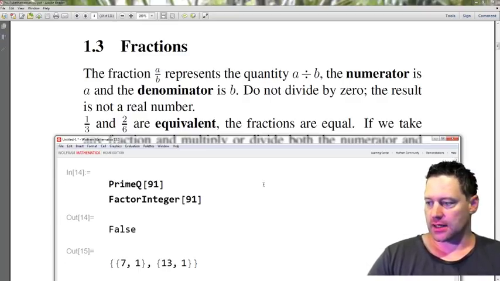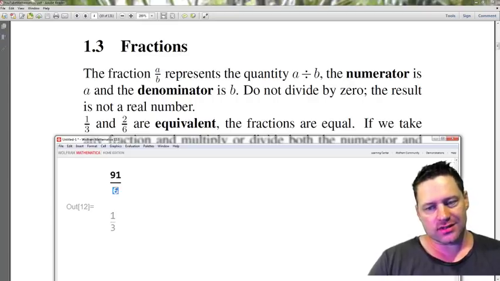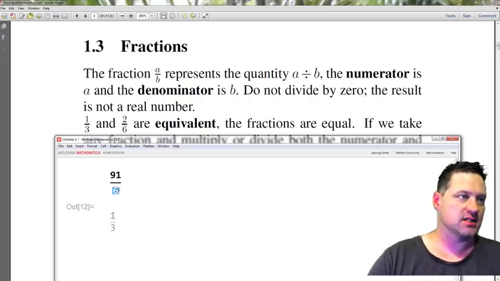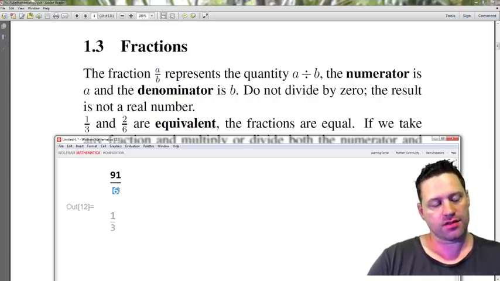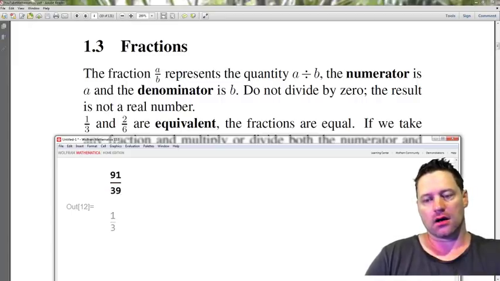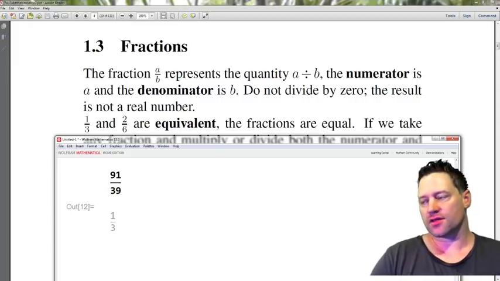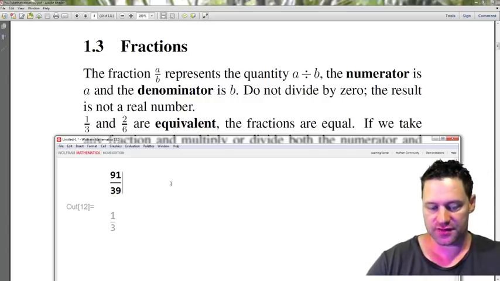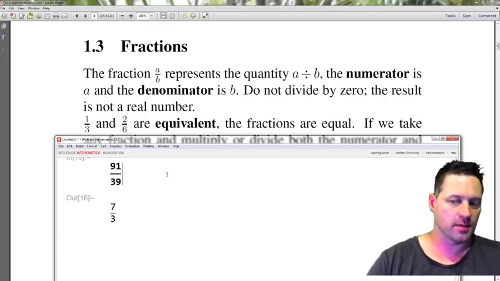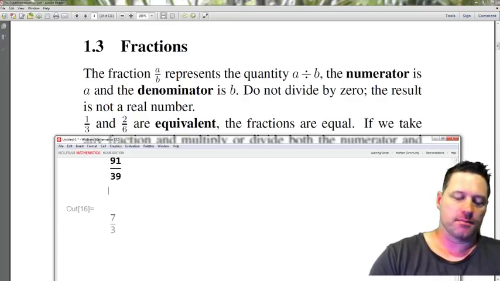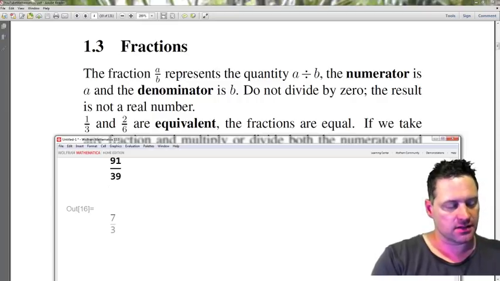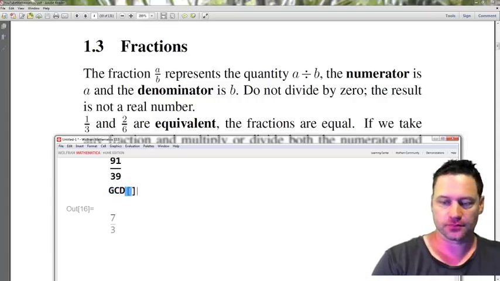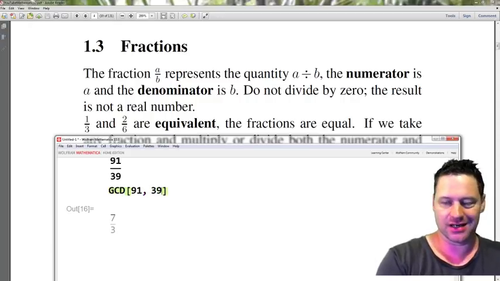Now let's get creative and choose a denominator that has 13 in it. How about 39? Here we've got 91 over 39, and we want to consider reducing this. In Mathematica, I pretty much just press Shift-Enter, and it'll do that for me. But you can also do this with the GCD. GCD of 91 with 39.